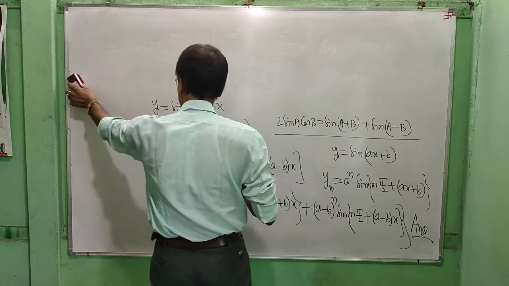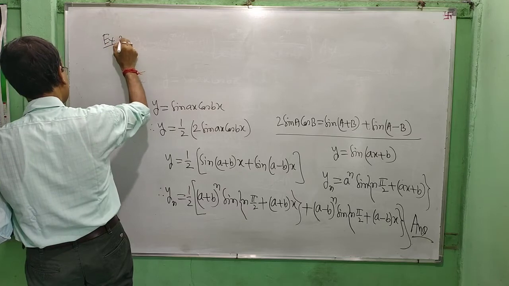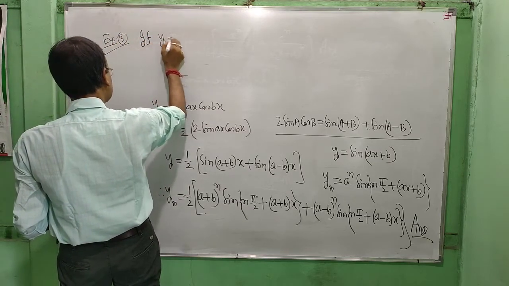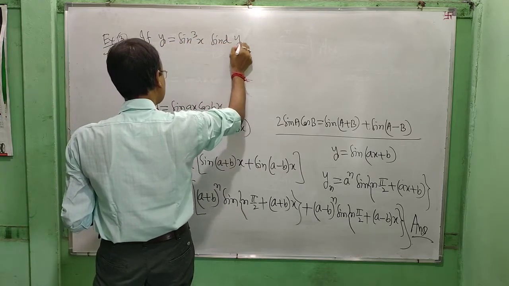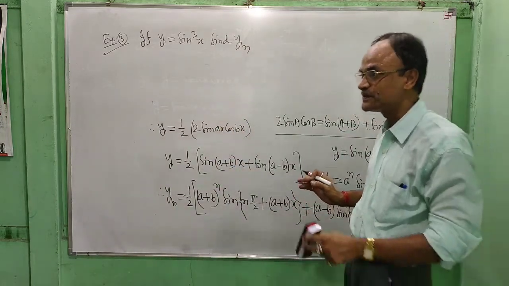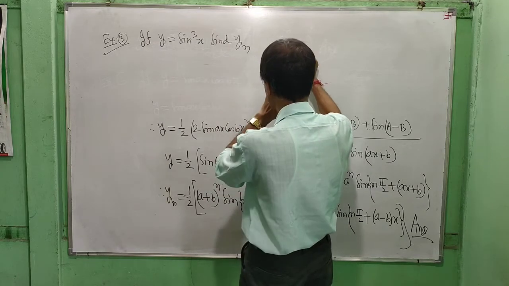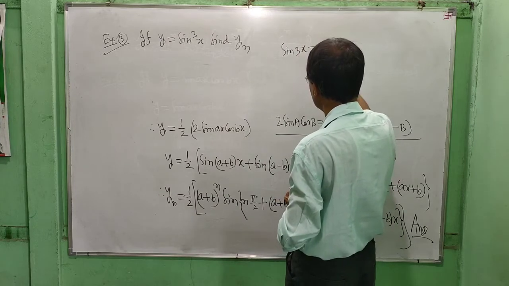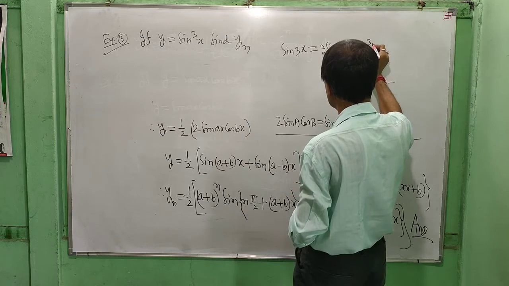Now, number 3. I am taking another example. If y equal to sine cube x, find yn. In class 11, you got this trigonometrical formula: sine thrice x is equal to thrice sine x minus 4 sine cube x.